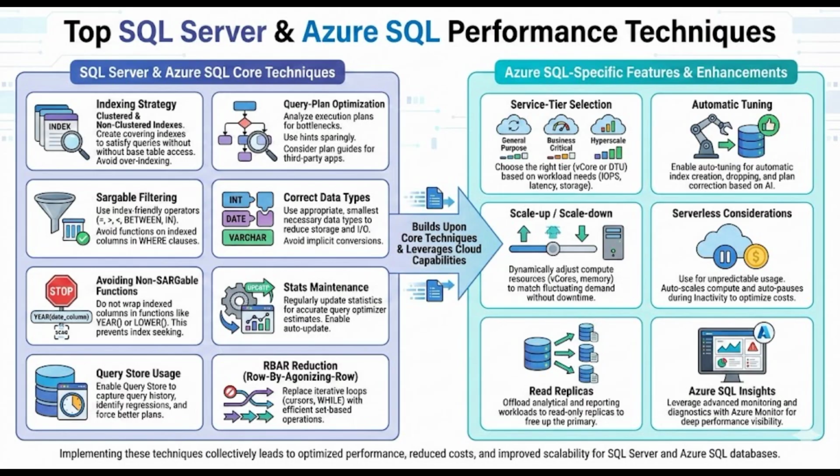Parameter sniffing is another subtlety. Suppose you have a stored procedure, usp_GetOrders @CustomerID. The first time it's executed, the optimizer sniffs the parameter value, say 1, and builds a plan optimized for small row counts. If customer 1 only has 10 orders, the plan might choose a nested loop join.